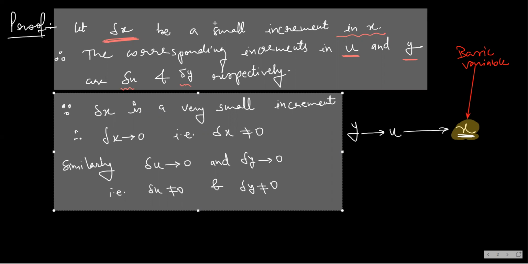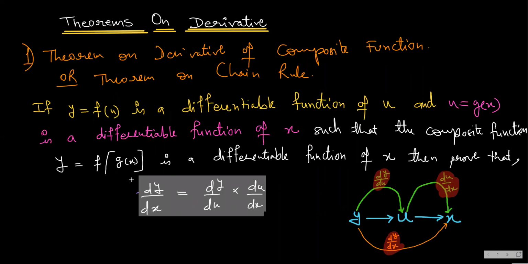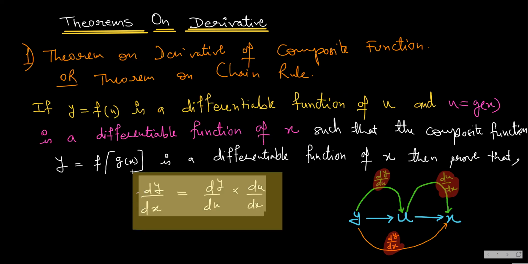Now look at the third step. The third step is the deciding step of the theorem. It will give the structure to your theorem. What you have to prove is here on the screen. You will see this even in the question paper, they want you to prove this. So what is to be proved?